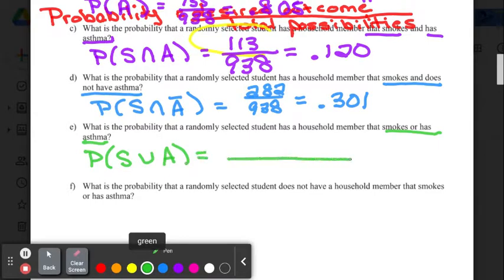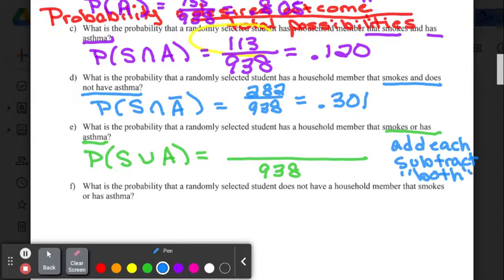So we have a total, I'm going to put on the bottom, is 938. When you have an or statement, you need to add the number of each, so smoke plus asthma, and then you have to subtract the both. Otherwise, you're double dipping. So the number of total smokers is 395.